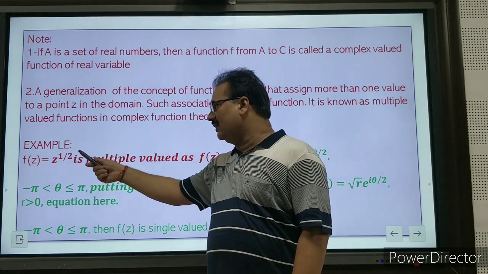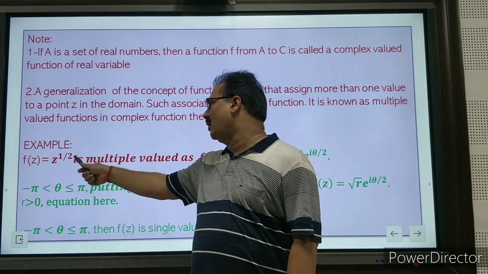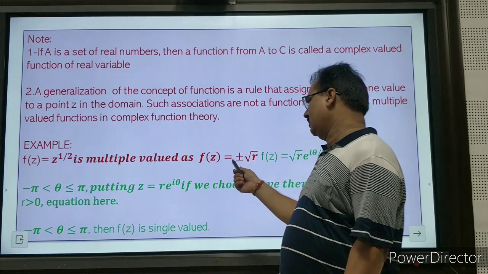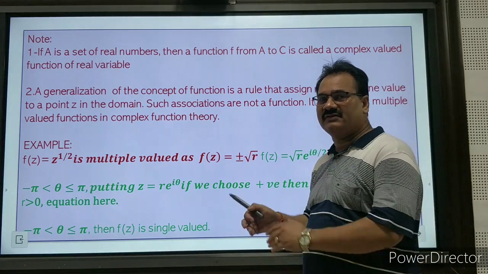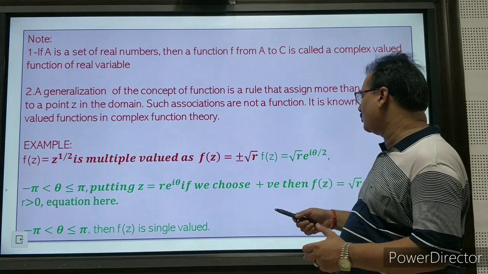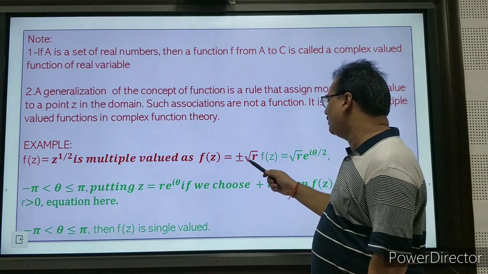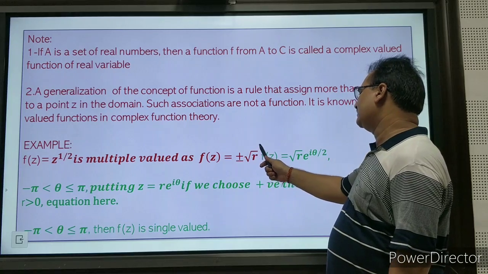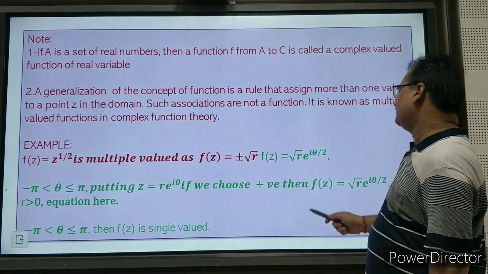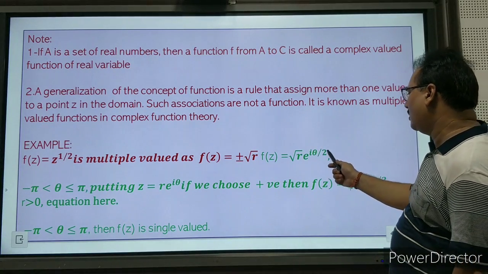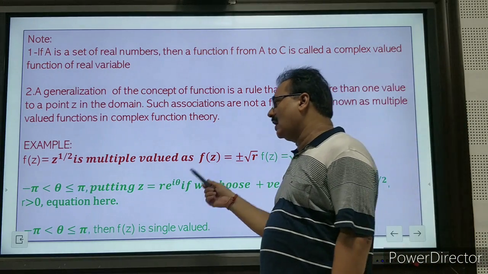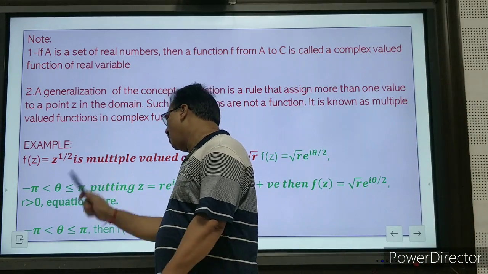Now, for example, let f(z) = z^(1/2). This z^(1/2) is a multiple valued function. If you use polar coordinates and check f(z), it is plus or minus square root of r, and this may be written in polar form as square root of r e^(iθ/2), where θ always lies between -π and π.